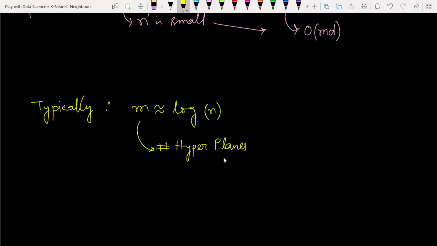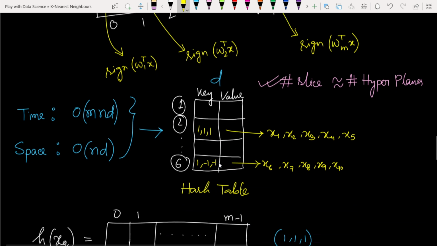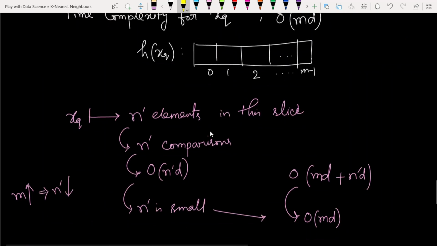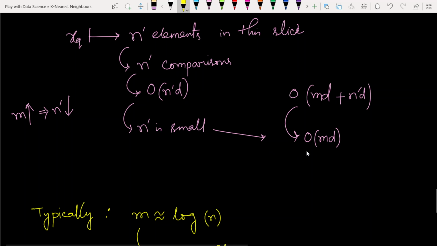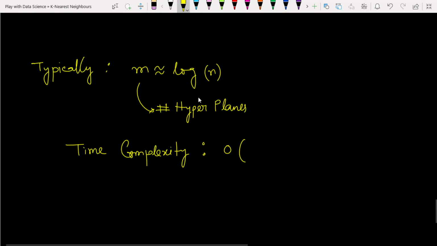In such a scenario, the time complexity to find the output of a query point will be order of md, and since m is order of log n, this will simply be d log n. Generally, scientists take this.